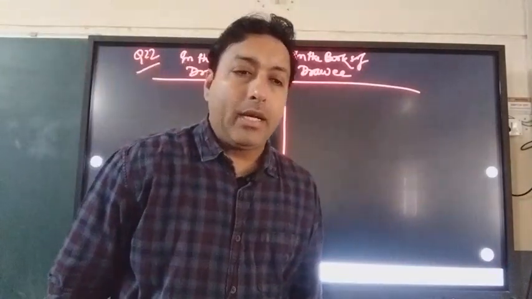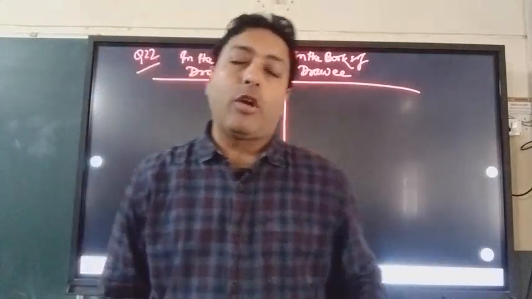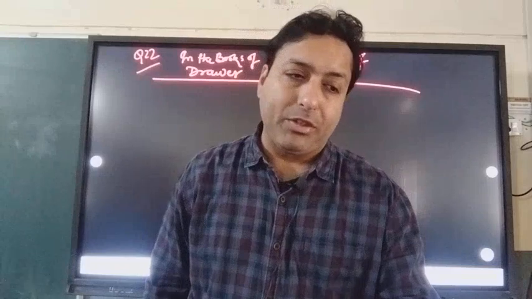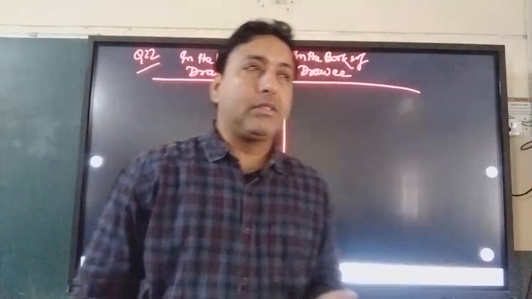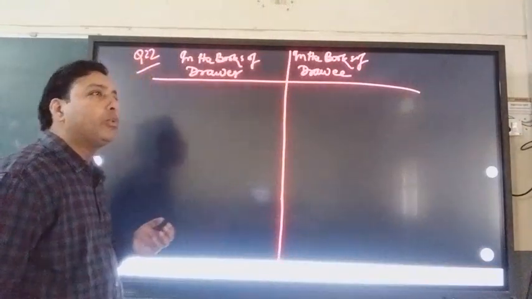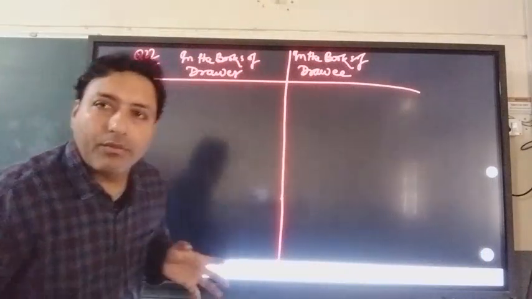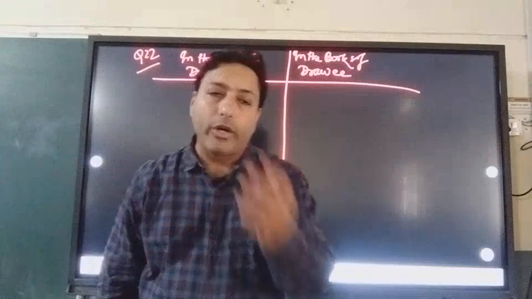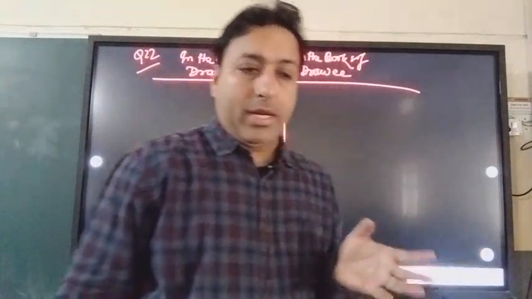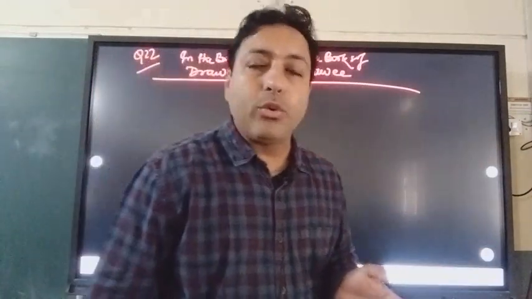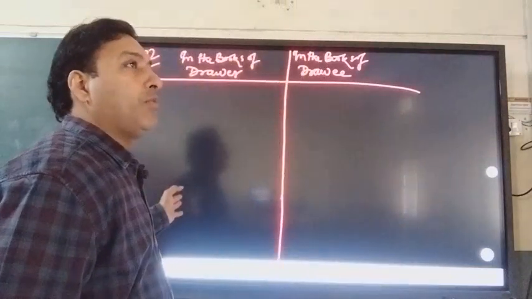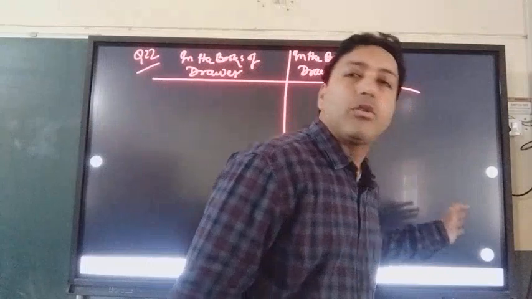So again I will start the new topic, insolvency of the acceptor. In the previous question I have already discussed the entry in the books of drawer in the case of insolvency of the drawing. Next, question number 22, I will discuss what is the entry in the books of drawer and what is the entry in the books of drawing.